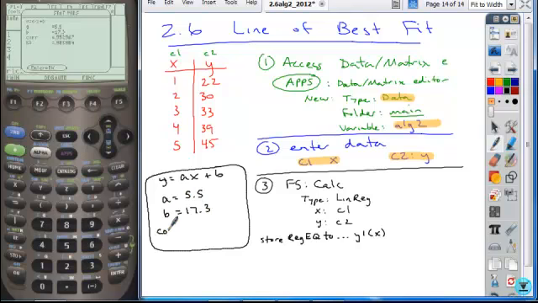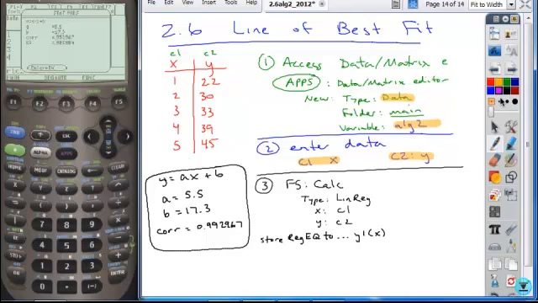And then below that, it gives you what's called the correlation coefficient, and that value is 0.992967. Okay, so here's how you interpret this, and the r-squared value you don't need to worry about.